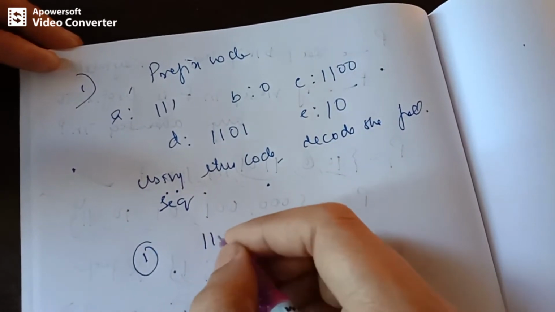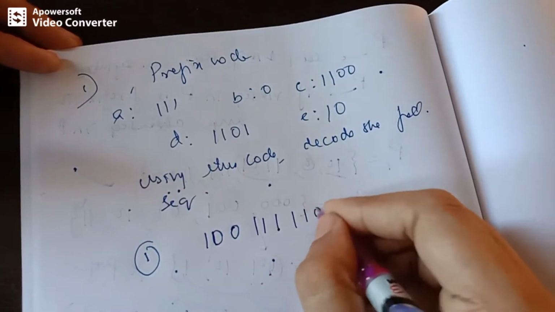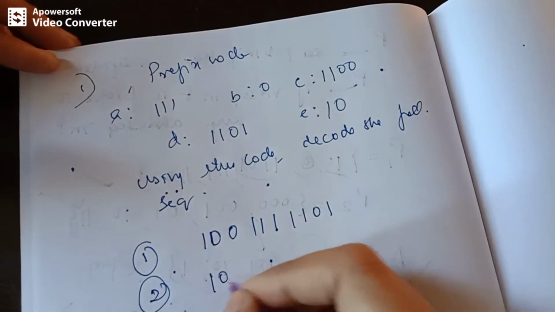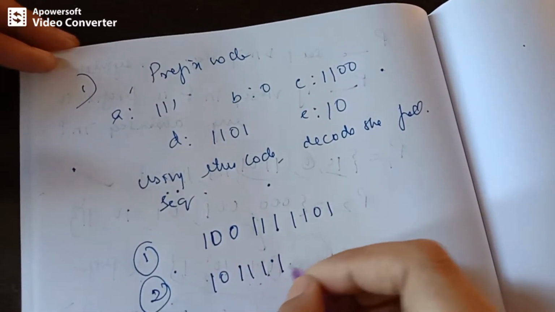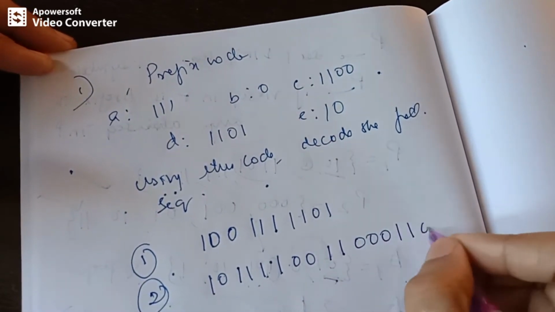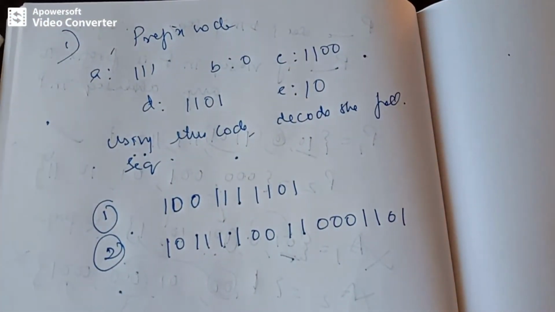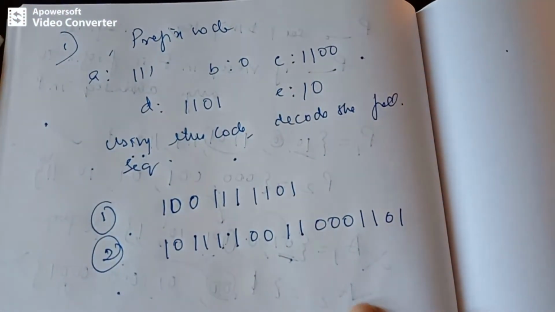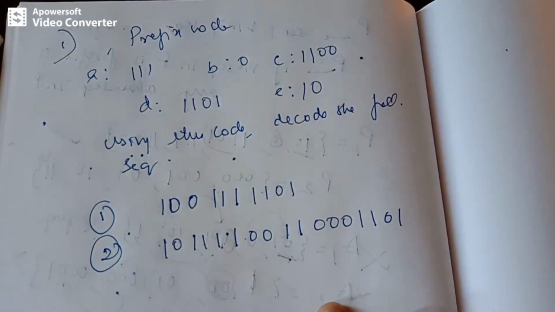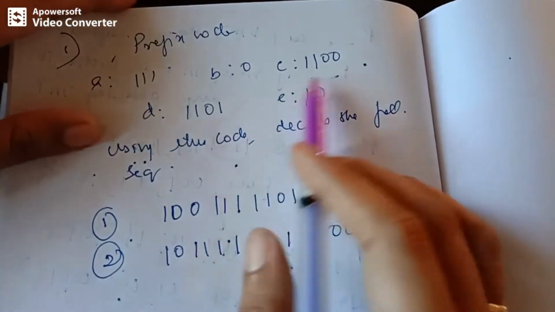So the first sequence is given to be 10 0 111 1101. The second sequence is 10, 4 ones, 2 zeros, 2 ones, 3 zeros, 2 ones and 01. Okay, let's see how we can decode this based on the prefix code. First of all, we split this up based on the codes given here.